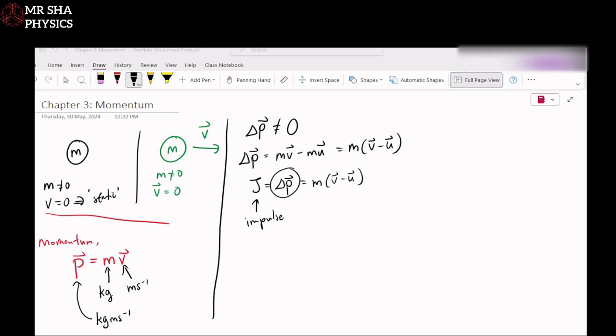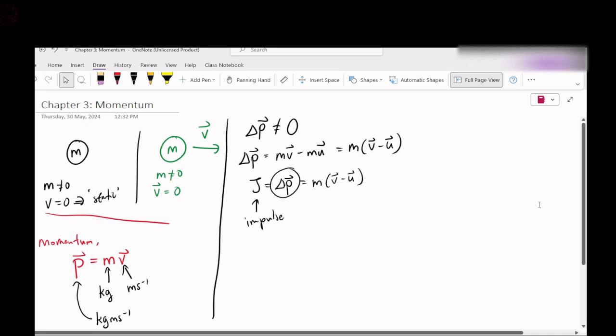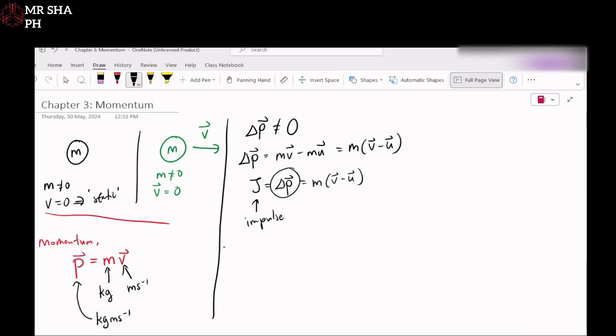The interesting thing about this is that when we look at Newton's second law, which you have covered in SPM, I'll remind you a bit of it here. F equals ma, and then a is just dv/dt, so F is m dv/dt, and this is simply m(v minus u) over some period of time.